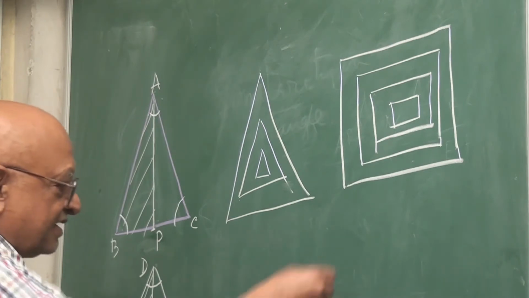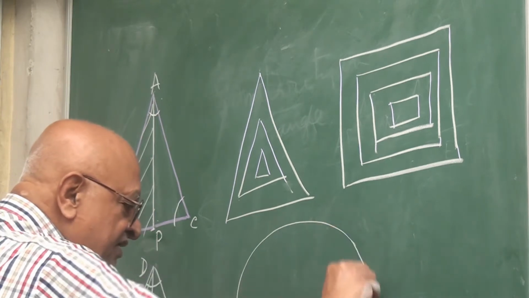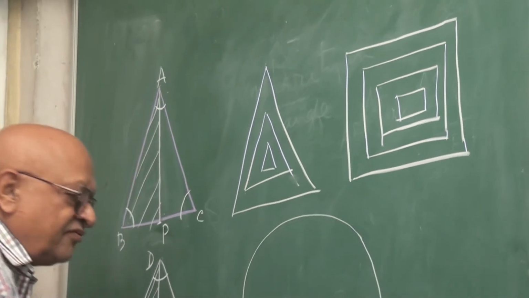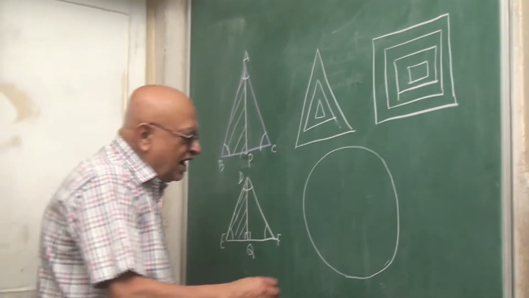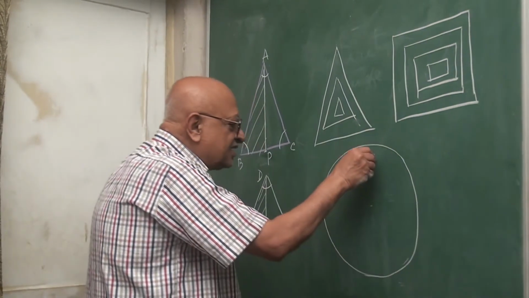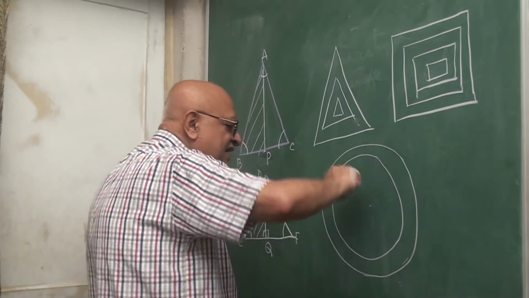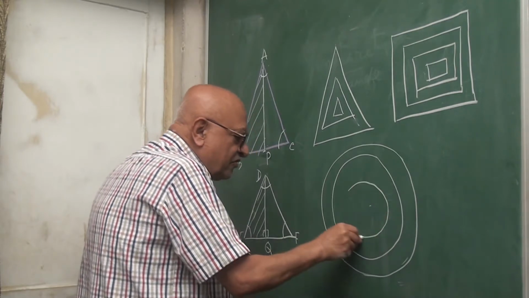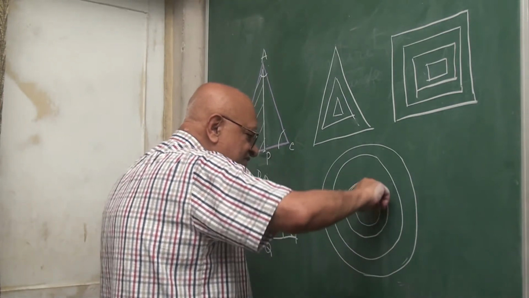In case of a circle, let me draw a circle. Though it's not very good, for your purpose this will be okay. So I can have circles from the same center but of different radius. They are not congruent, but they are similar. You can keep on drawing this kind of thing.